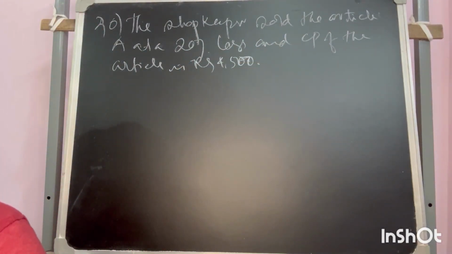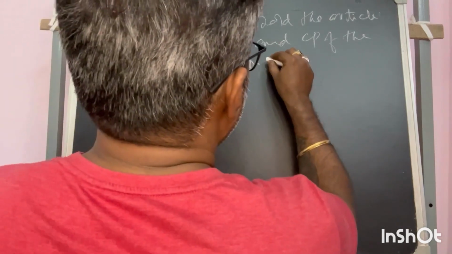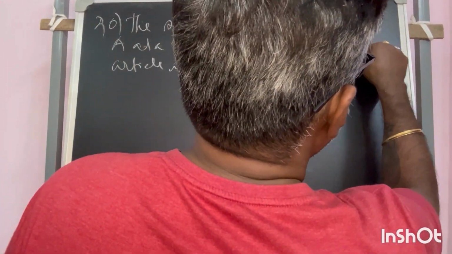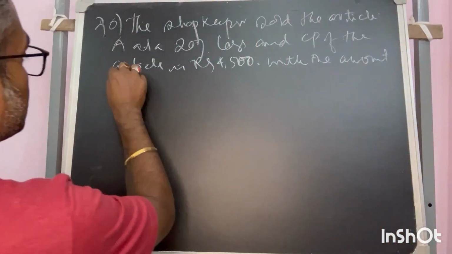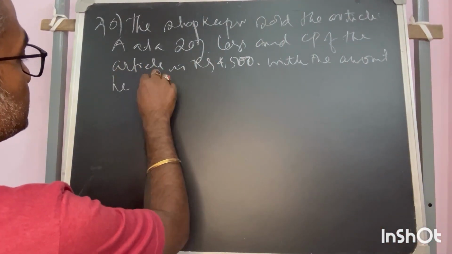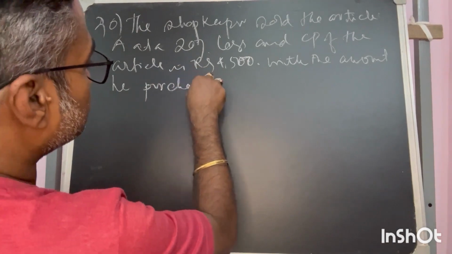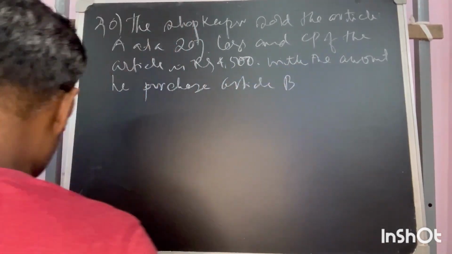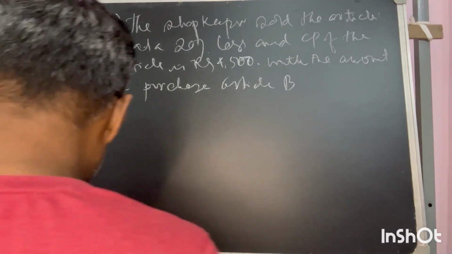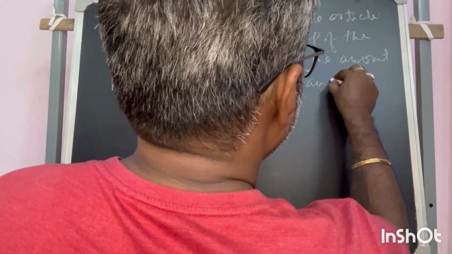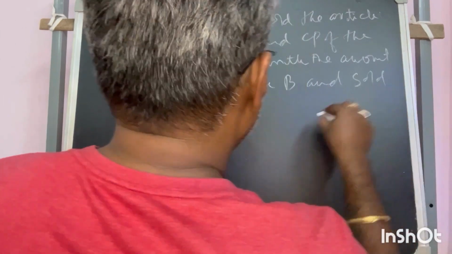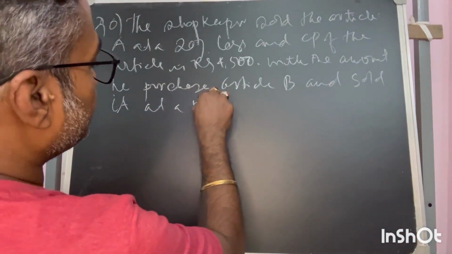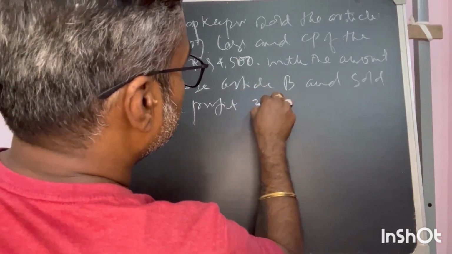With the amount he purchased article B, okay, and sold it at a profit of 30%.